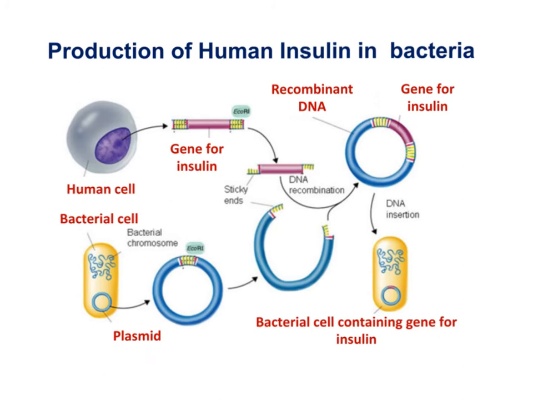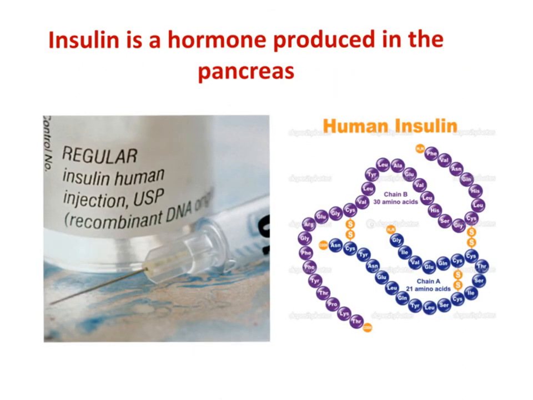The plasmid is a naturally occurring ring of DNA found in prokaryotic cells. The plasmid with the human gene for insulin is then inserted into bacteria. The bacteria synthesize insulin. Human insulin is synthesized by bacteria.